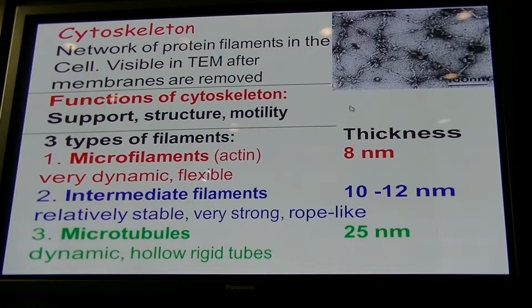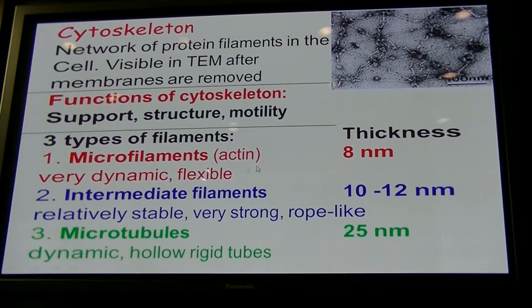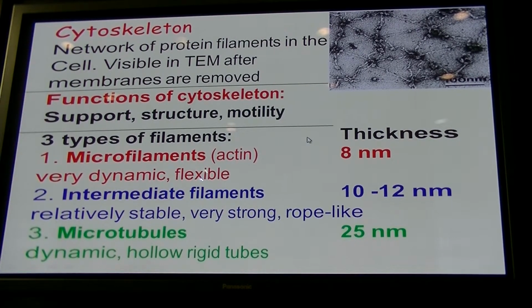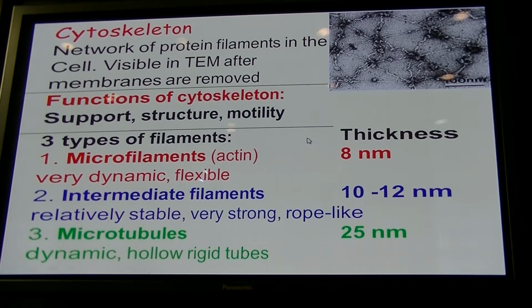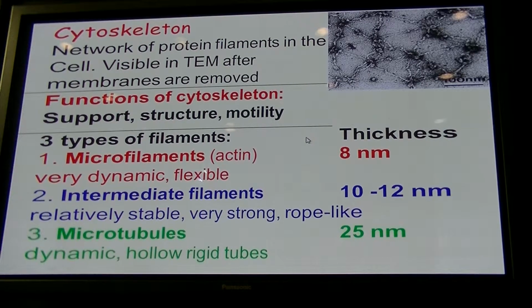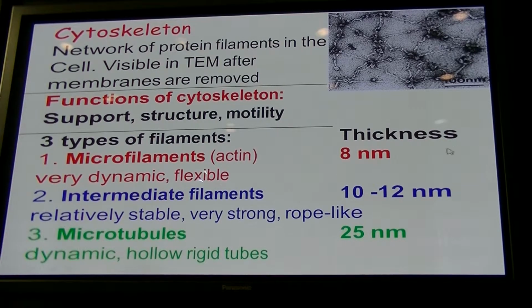What do we see, however, for cytoskeleton in any eukaryotic cell? We see three kinds of cytoskeletal elements, which are characterized by their thickness. The thinnest element of the cytoskeleton is called the microfilaments.